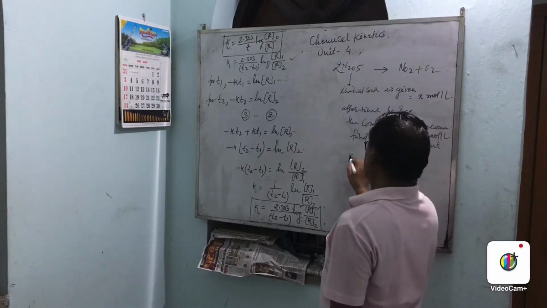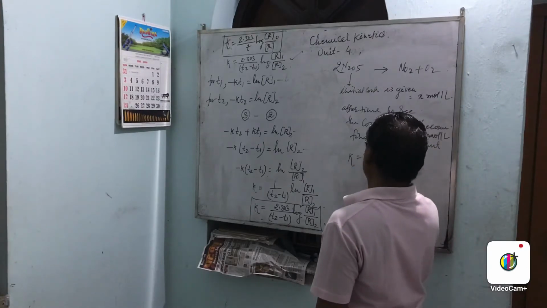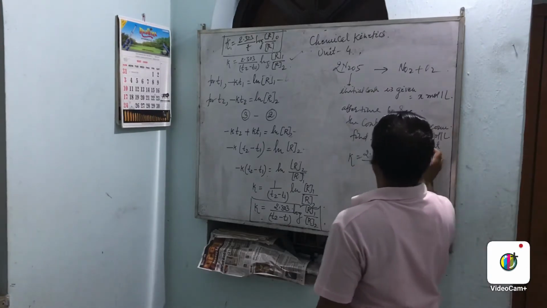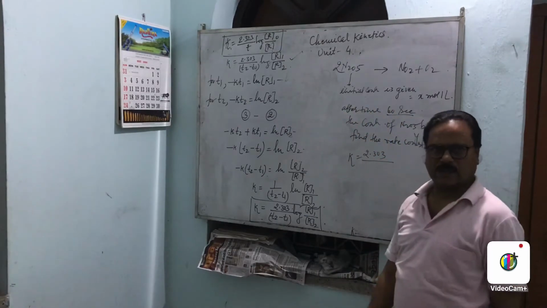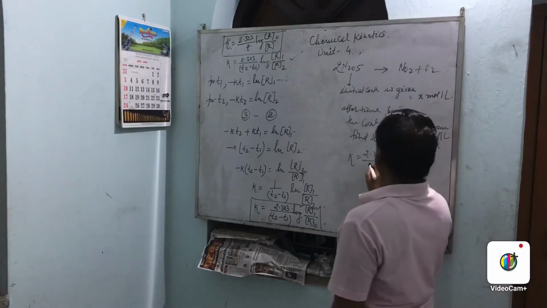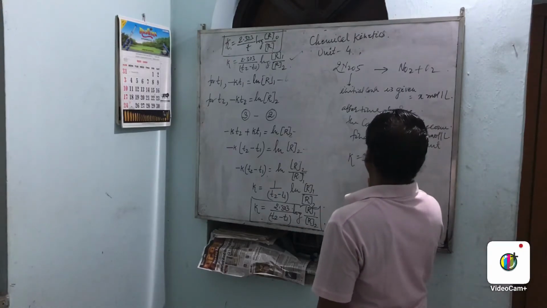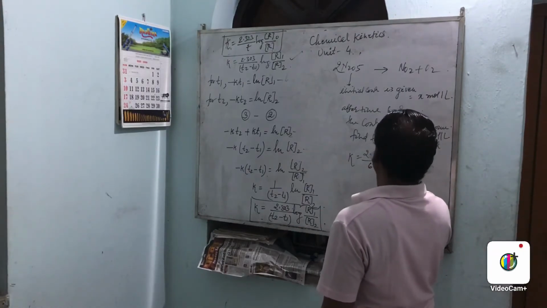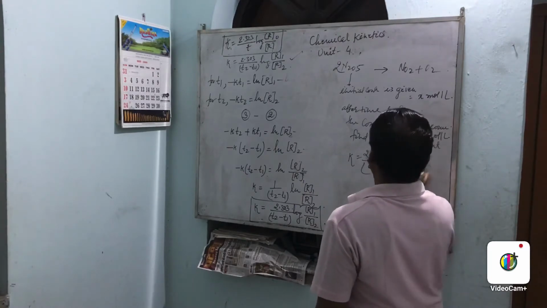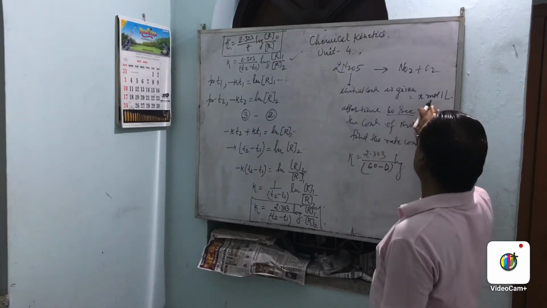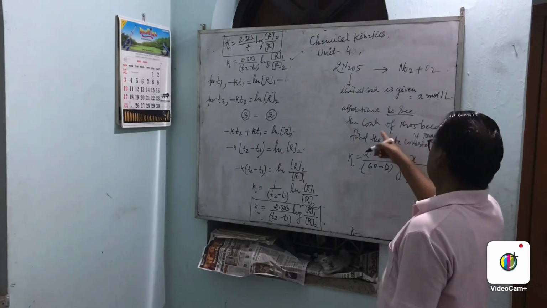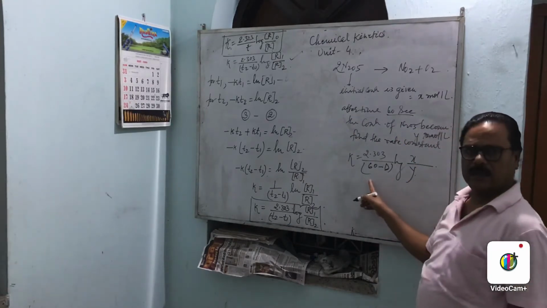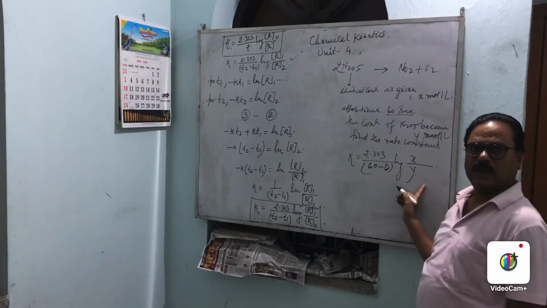We write here 2.303 by t2. What is t2? That is 60 seconds, and t1 is the initial time, right? So we write 60 minus 0, log, and the initial concentration is x, and after 60 seconds its concentration has changed to y.